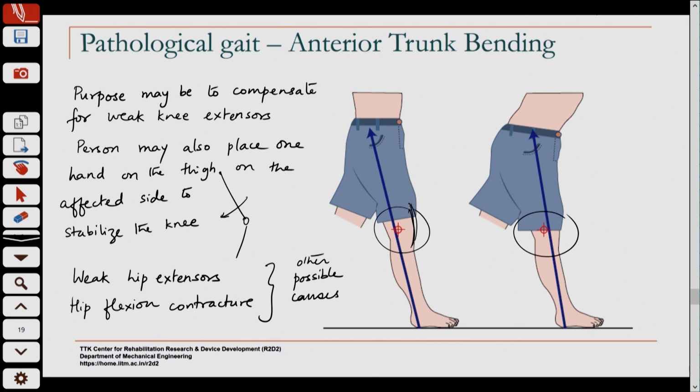Other reasons for anterior trunk bending could be that the person has a flexion contracture at the hip. So, if the person has weak knee extensors or weak hip extensors, then anterior trunk bending is a compensatory strategy, because in order to aid the knee extension, you are compensating by bending your trunk anteriorly.